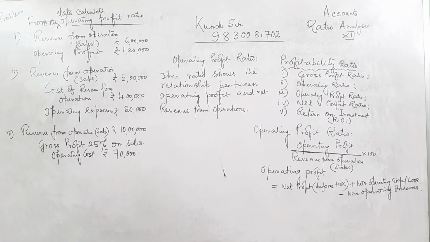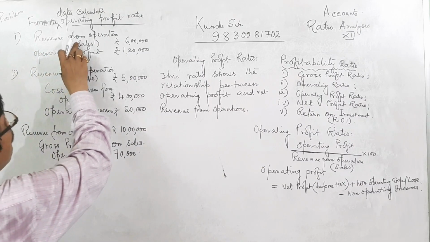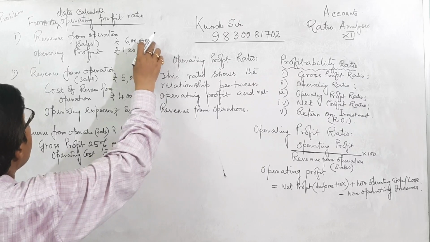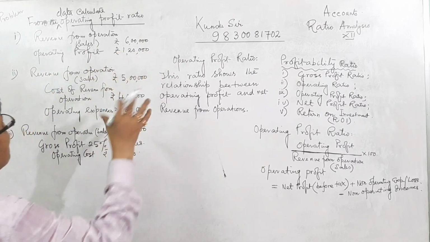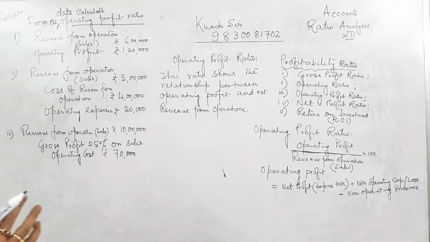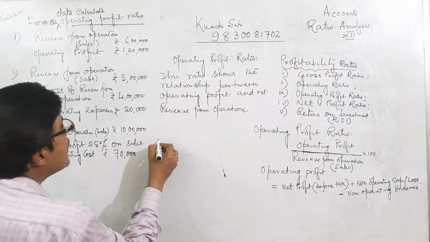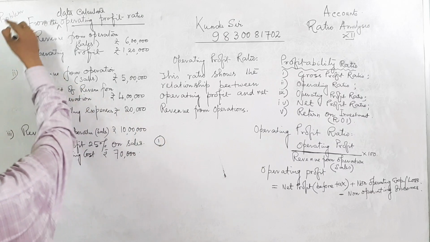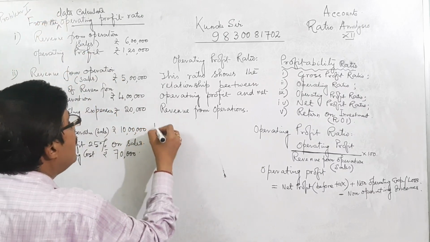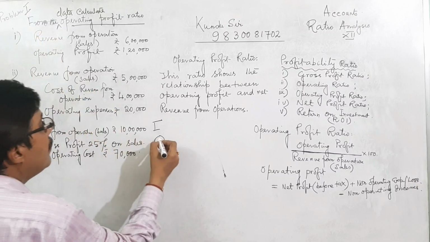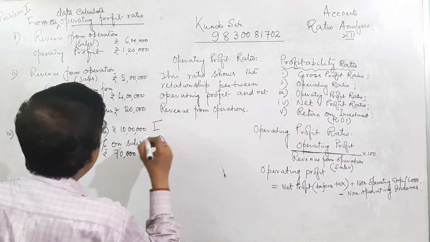This problem is given here. Revenue from operation and operating profit are given. Solve fast. With reference to problem number 1, Roman, what is the formula?